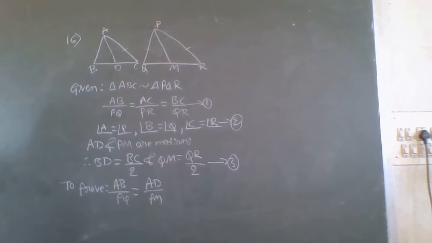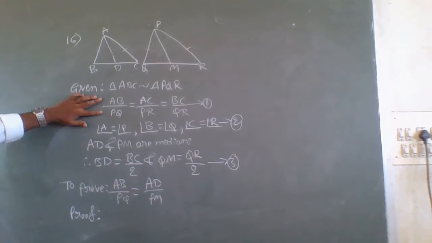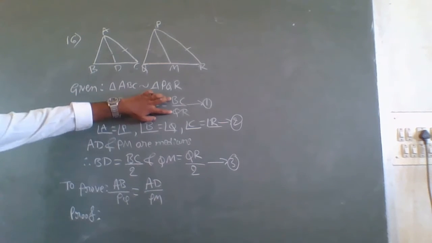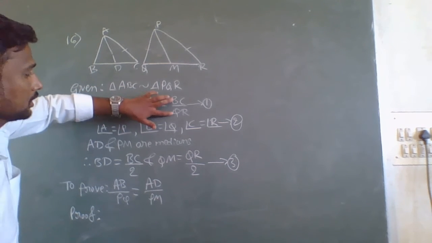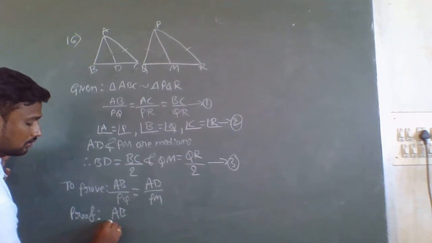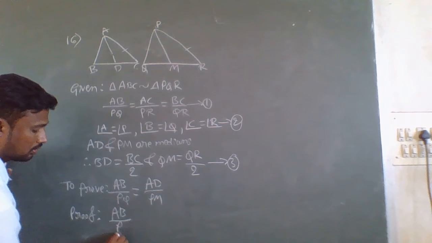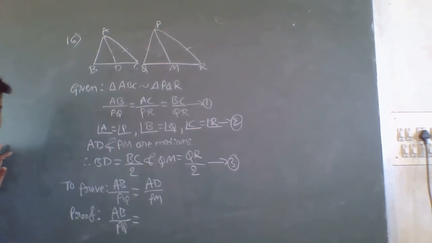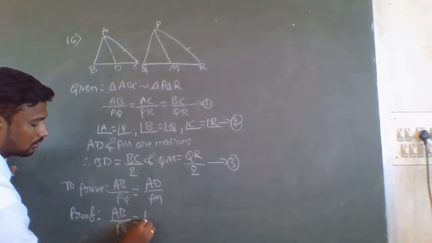We have to prove AD by PM. So to prove this, first from the first relation, I will consider AB by PQ is equal to BC by QR. So AB by PQ equals BC by QR.